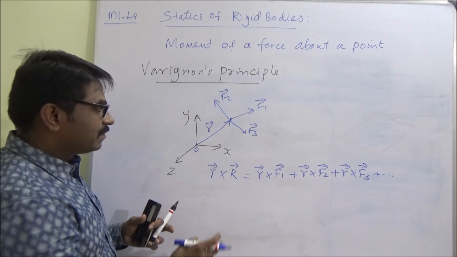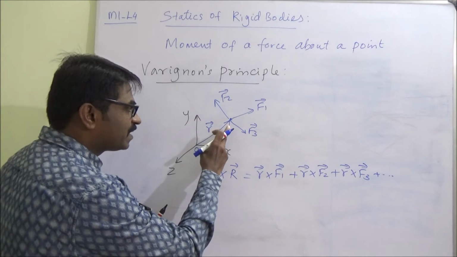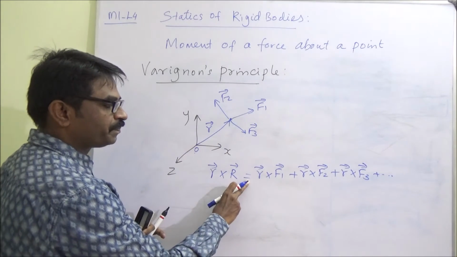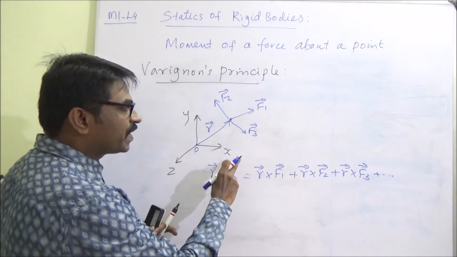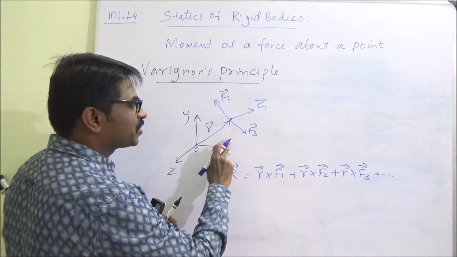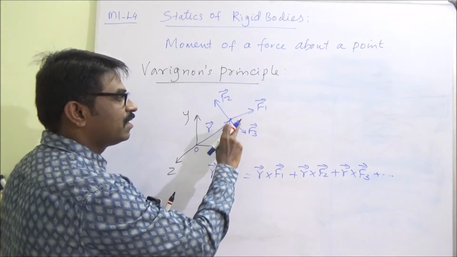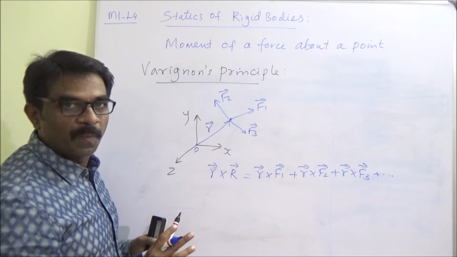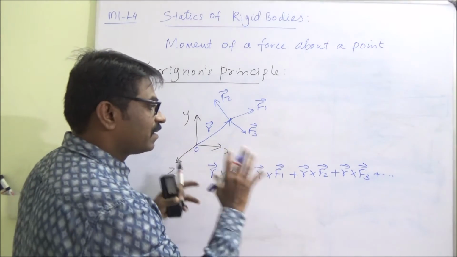I repeat again. The moment of the resultant force about O is equal to the summation of the moments of each individual force about O. This is the Varignon principle.